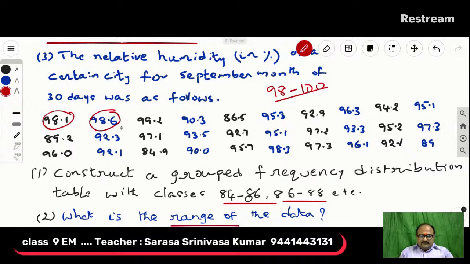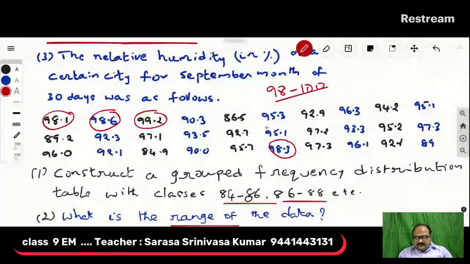This is the second observation. This is the third observation. This is the fourth observation. So here we observed there are 4 observations.